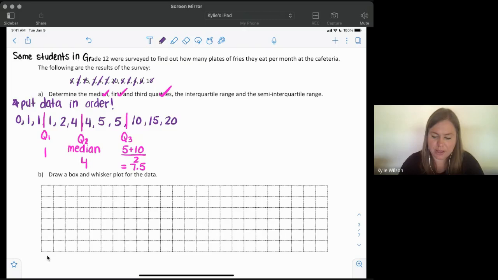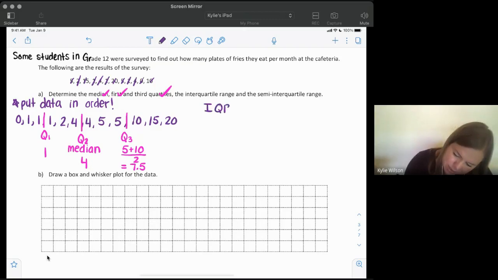The next thing I want to find is my interquartile range. Once I've found my quartiles, my interquartile range is very straightforward to find. I'm going to take Q3 and subtract Q1.